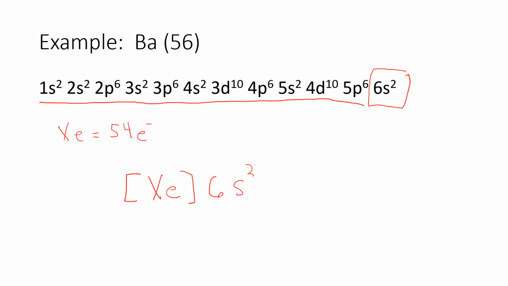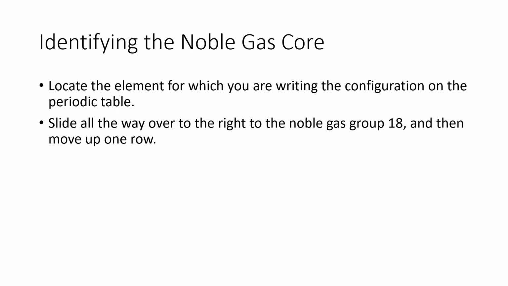When we write the electron configuration this way, the emphasis is on the electrons in barium that are available for doing chemical reactions.